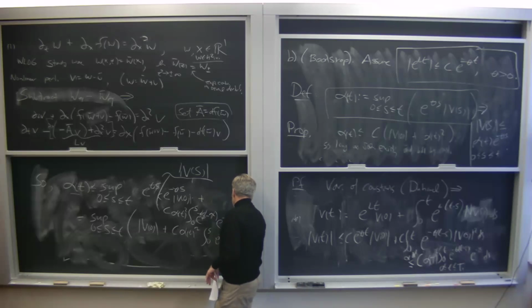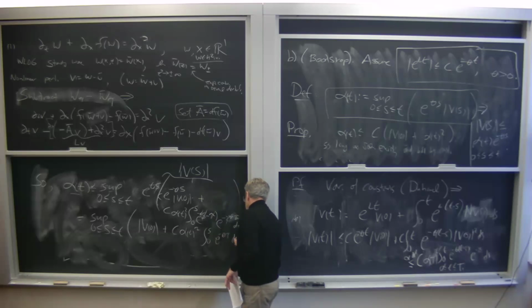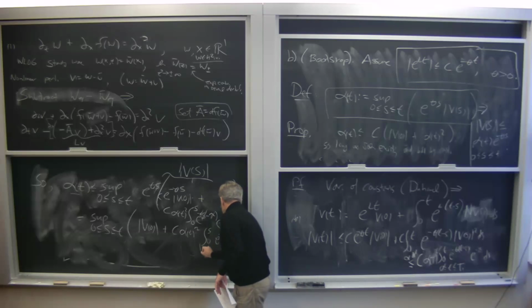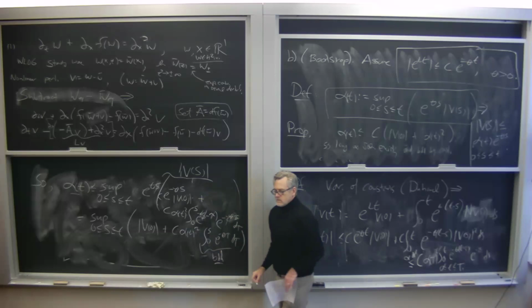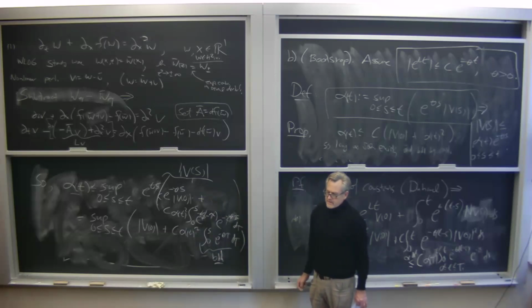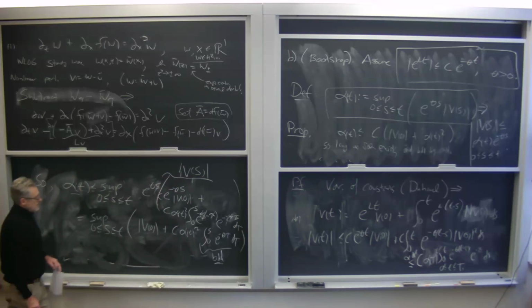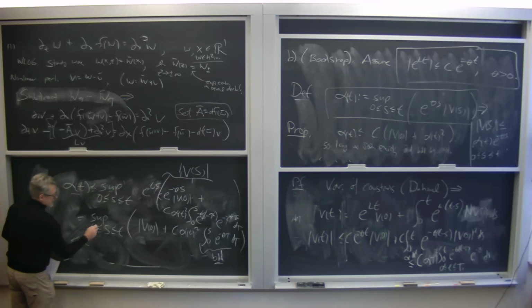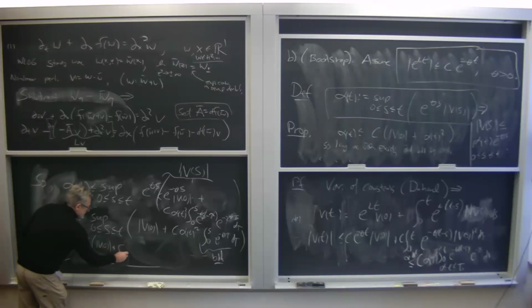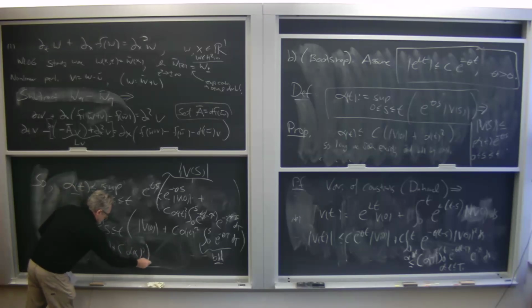E to the minus theta tau d tau. And this is convergent, so bounded. That's all I'm doing. And so that's less than or equal to a constant times v of 0 plus c alpha of t squared. Done.